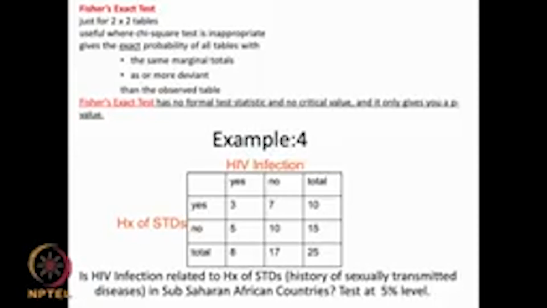So, there is no test statistic, there is no critical value, but it tells you what is the probability of observing this type of table. So, you see that the hypergeometric is useful in this type of situations where the capital N is known, unlike the normal distribution, and your small n is comparable to capital N. The small n is the sample size.